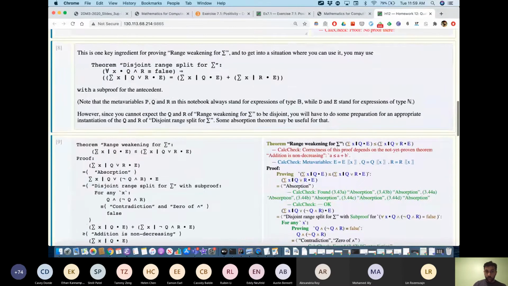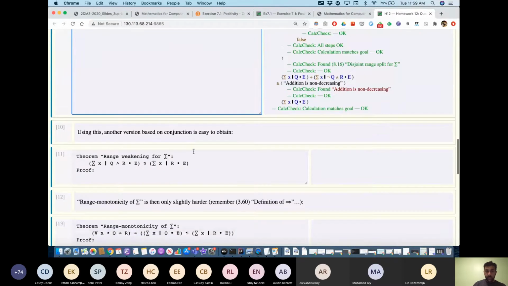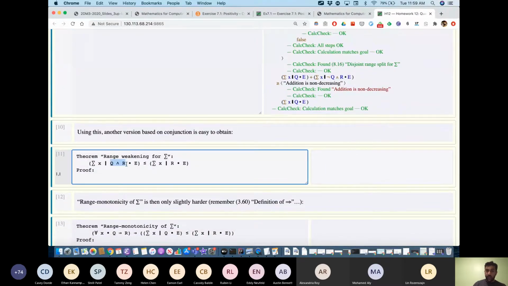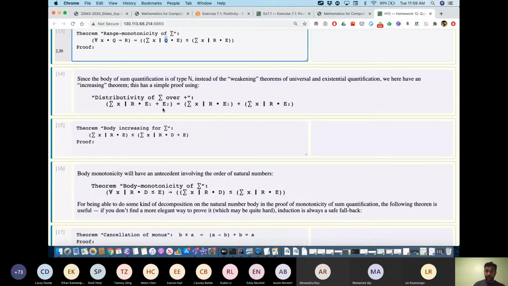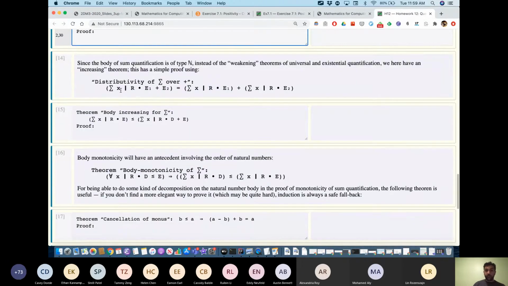So just quickly to show you the rules. This one we just proved a moment ago, right? Range weakening, and you can weaken the other way. Q and R implies R, right? If Q is less than or equal to R in the range, right? And now the one we're going to is a bit similar, but here's one that will be a bit useful.